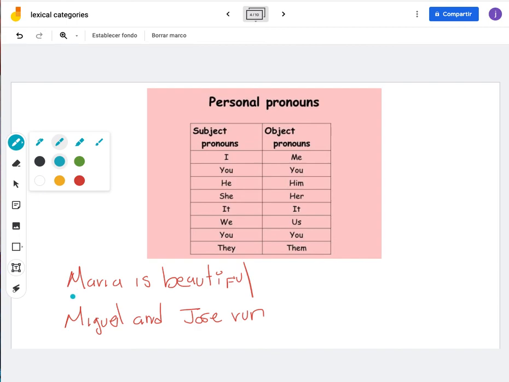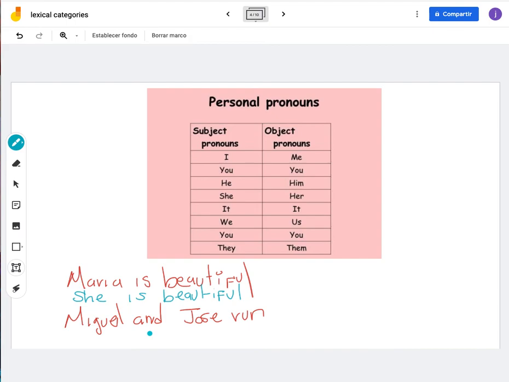So we replace Maria with the personal pronoun she, and the sentence becomes: She is beautiful. Maria is the subject, and we replace it with the personal pronoun she.